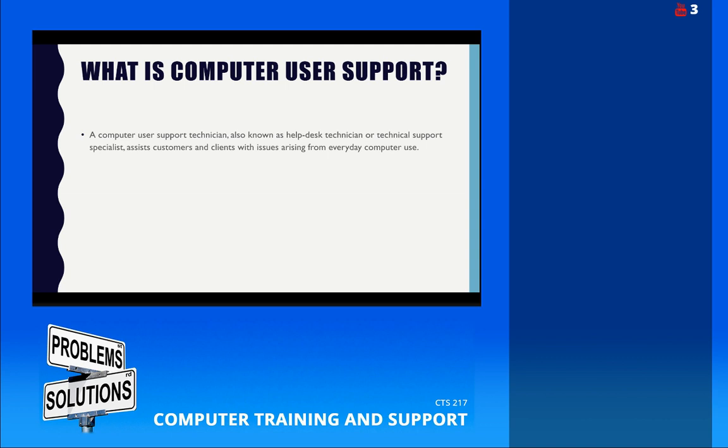So you kind of take the good and the bad with this. And that's something that we'll talk about a lot over the course of the semester: when we consider a job role in a computer user support field, which there are a good number of them, one of the things that you have to consider is that it requires a certain mentality.